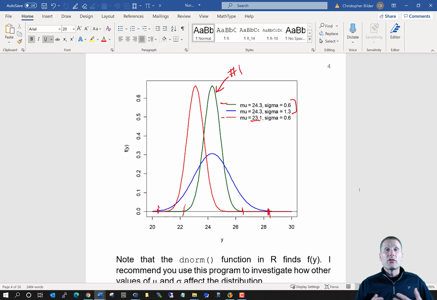Sigma is often referred to as a scale parameter because it helps to control how dispersed our possible values of y are. Again, it's the spread of the possible values of y.